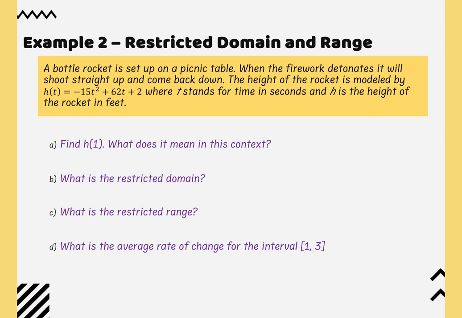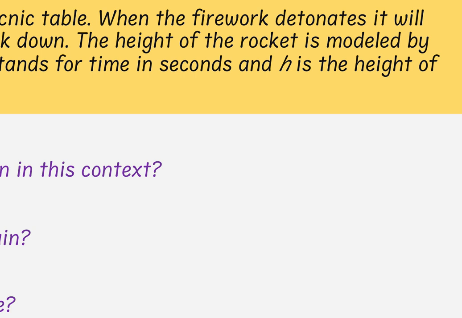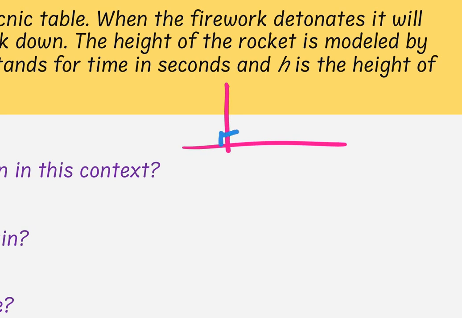First of all, think about what this looks like. If I'm talking about a rocket, it's going to go on a T-chart. But a rocket on a picnic table means there's a picnic table here, and the rocket's going to start, go up, and come back down again. Now, it's a real-world rocket, which means it can't start negative. Time can't go negative, which means it's going to start at the y-intercept.